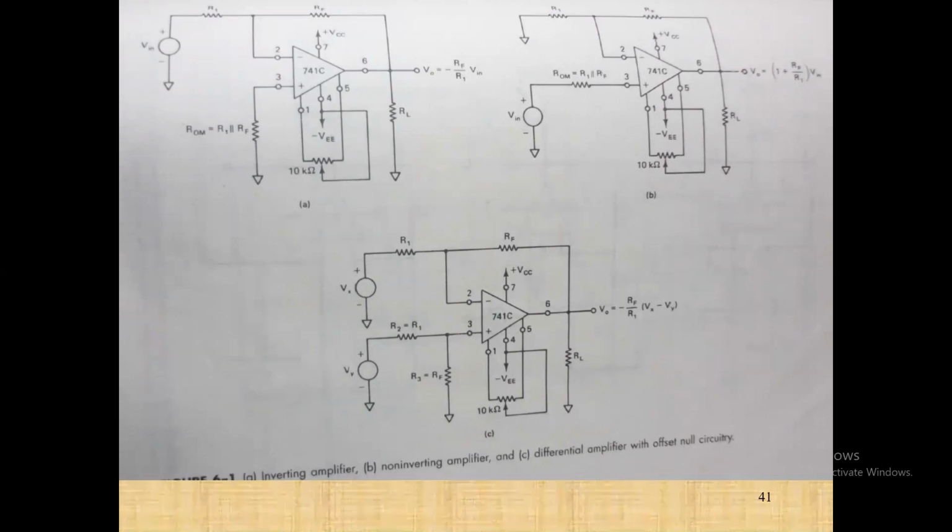The combination of both of them is considered as the differential or the difference amplifier, wherein the value of V0 is RF by R1 with a minus sign multiplied by the difference between the two signals, Vx minus Vy or V1 minus V2, whatever you call it. Vx and Vy are the values at the inverting terminal and the non-inverting terminal respectively, and you will get this expression. This can always be derived.